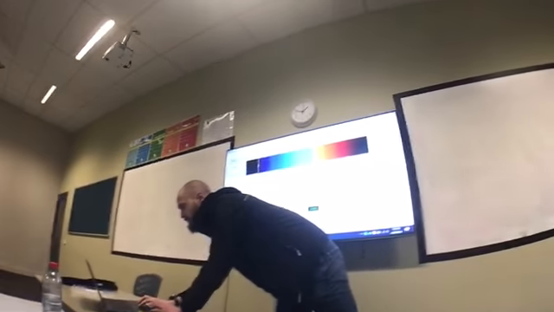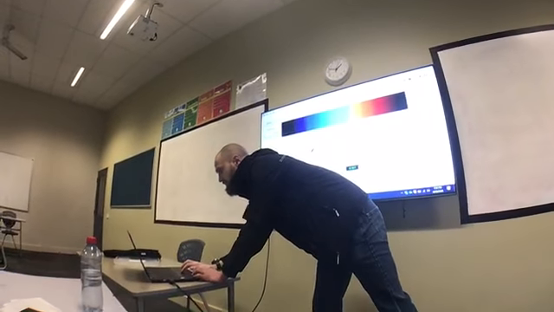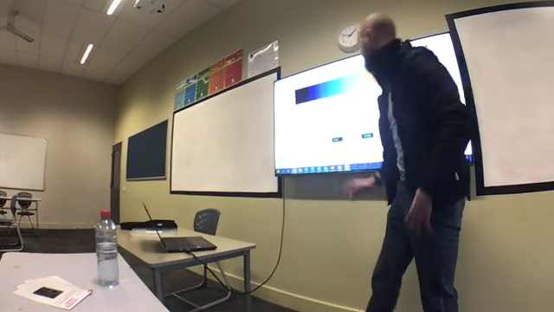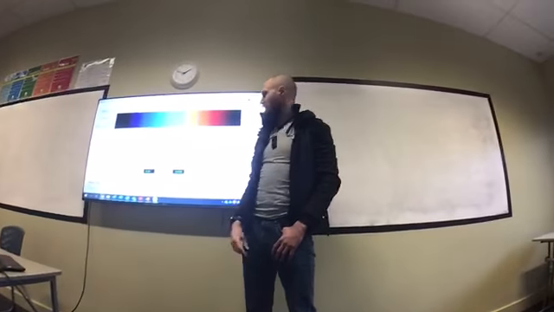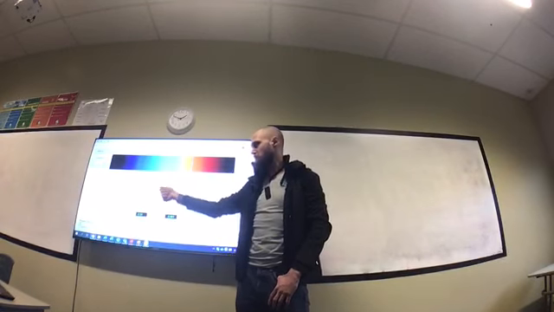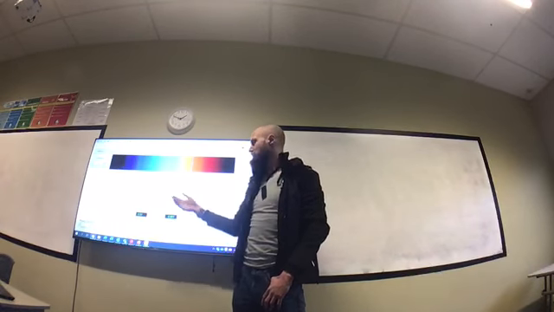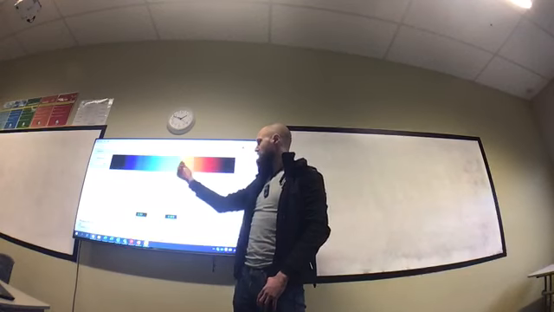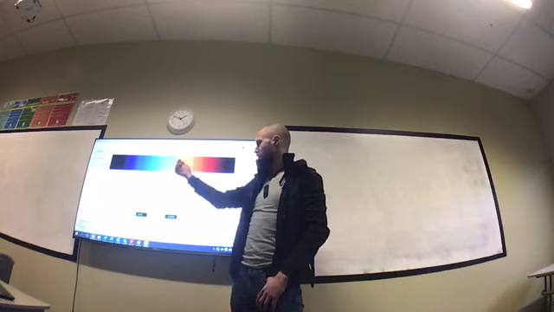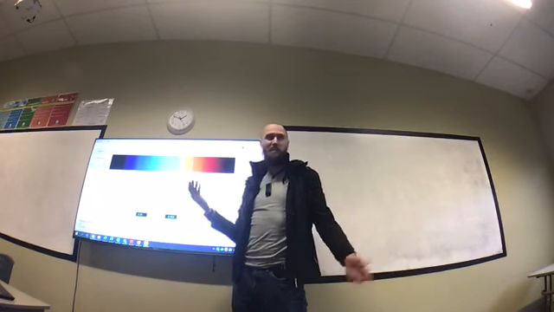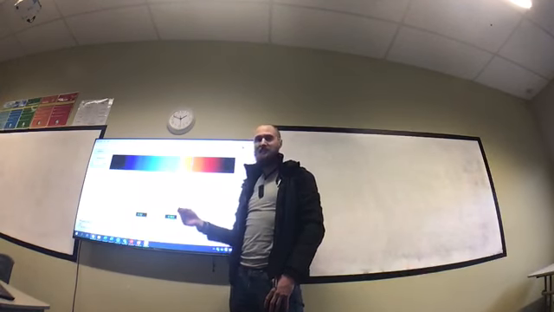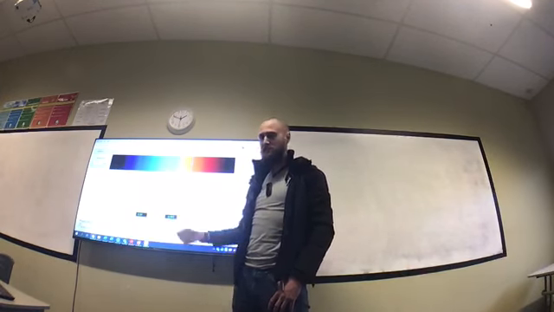If you are below the threshold frequency, all the way down here in the red, it doesn't matter what the intensity is. If I crank up the intensity to the max and light's just pouring in, if I'm below the threshold frequency, it doesn't matter how many photons are coming in, I'm still not getting any electrons coming out. So that's the gist of the threshold frequency and its relation to intensity. If you change the intensity below the threshold frequency, nothing changes. If you're above the threshold frequency and you change the intensity, that changes the current you're going to get out.